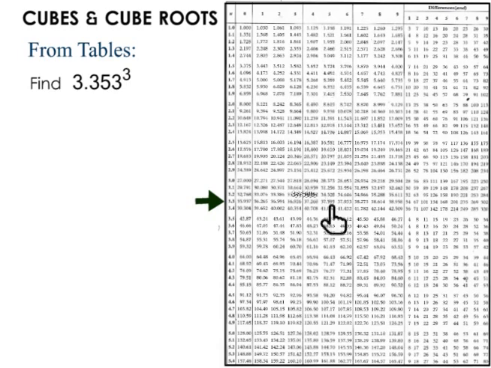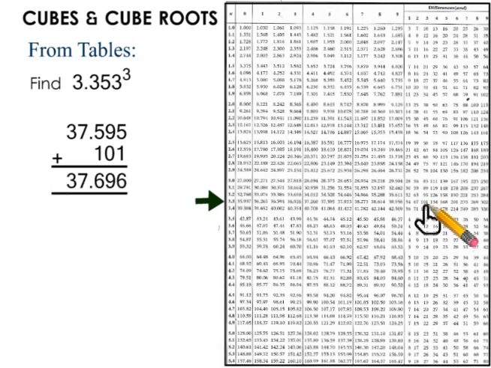The number is 37.595. Last decimal place, we go to the differences column, specifically to the column of 3. They coincide here and the figure is 101. We add to our previous reading, and if we do that, we get 37.696. And so the cube of 3.353 is 37.696.